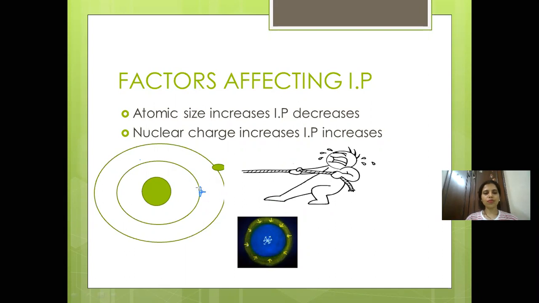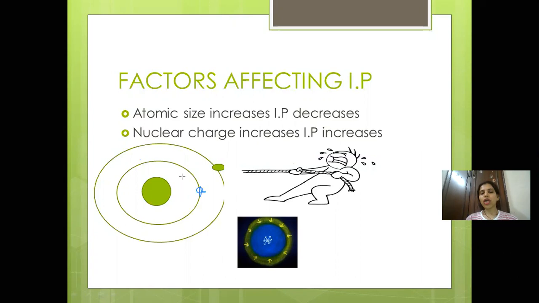Now what do you think is going to happen to the IP? Because now we are not going to include the radius or the outermost shell over here. We are going to consider the inner shell and just forget about the outer shell for a moment.